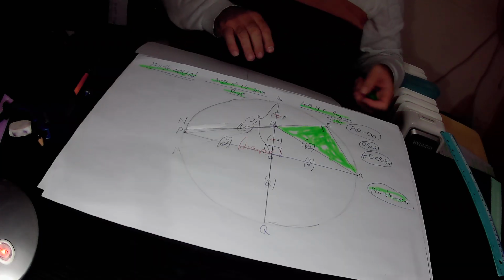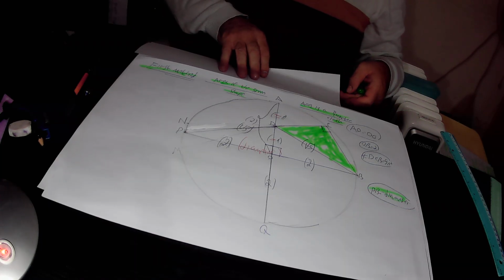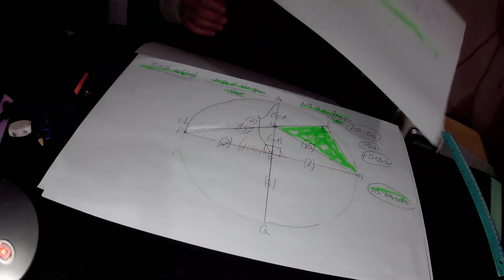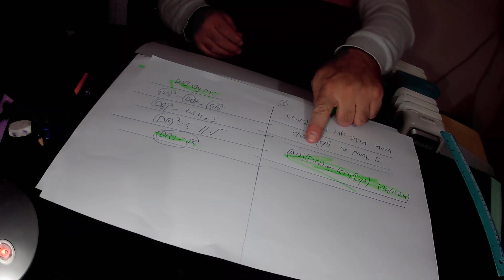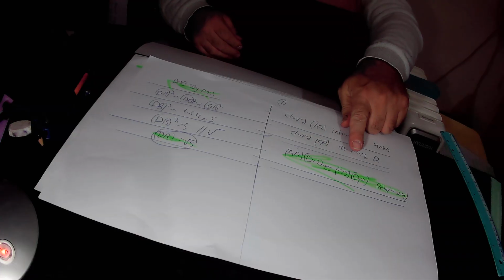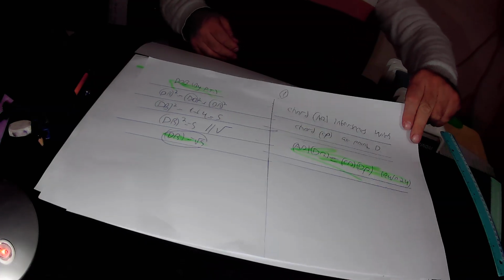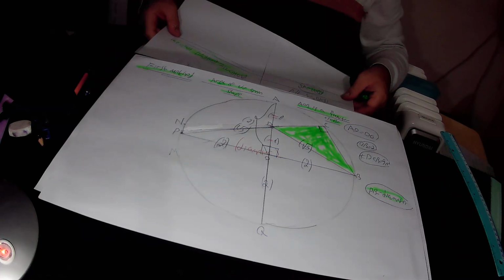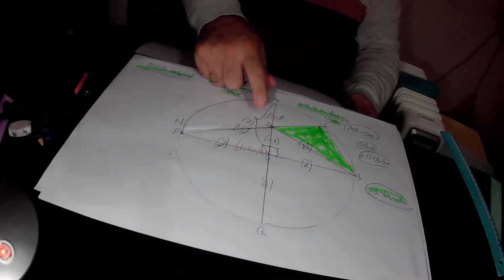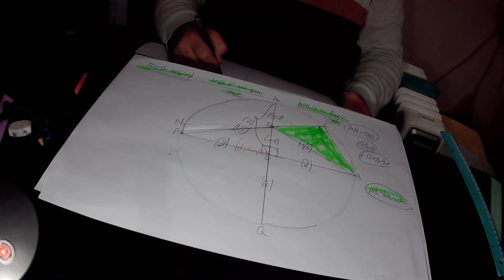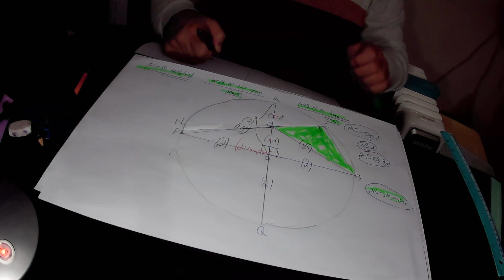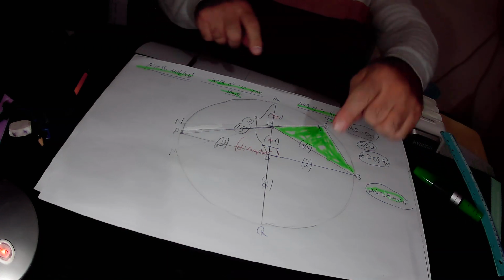Repeat again, according to rule 24, the following equation is true: AD times DQ equals CD times DP. AD equals 1, times DQ.